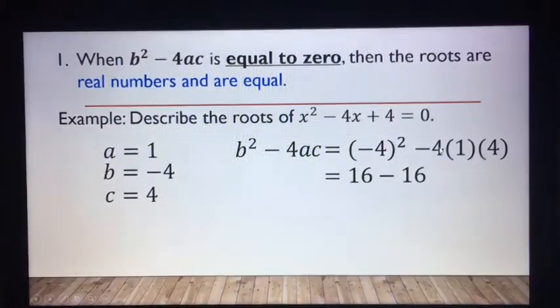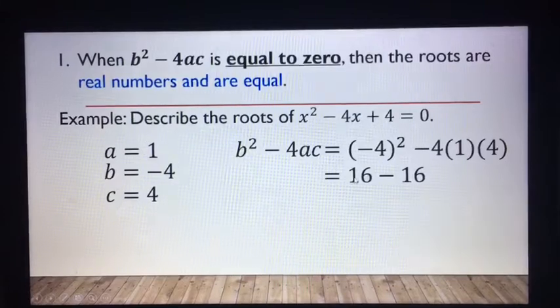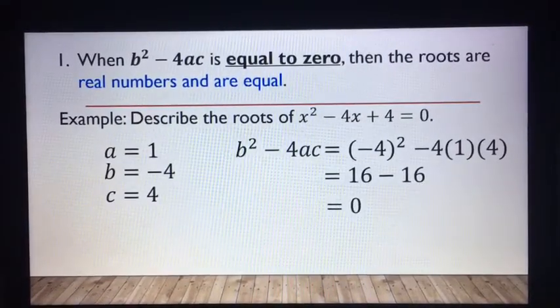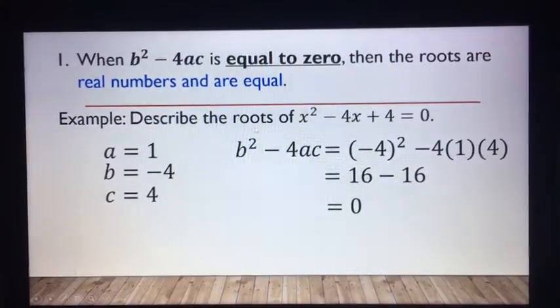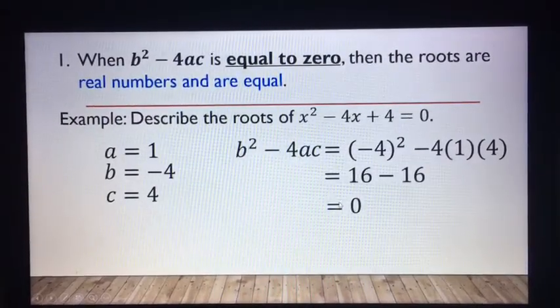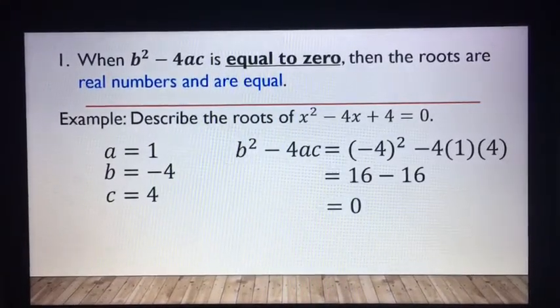Minus 4 times 1 is 4. 4 times 4 is 16. So, it becomes 16 minus 16, and the answer is 0. So, there it is. The value of the expression b squared minus 4ac is equal to 0. Meaning, our discriminant is 0.